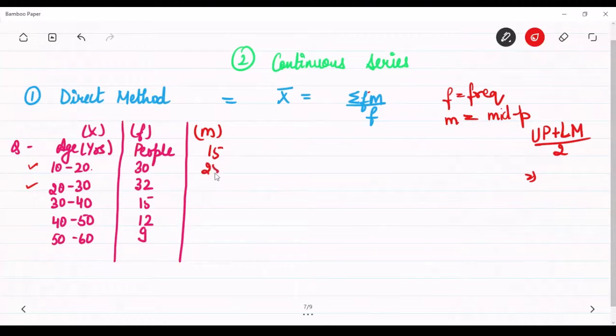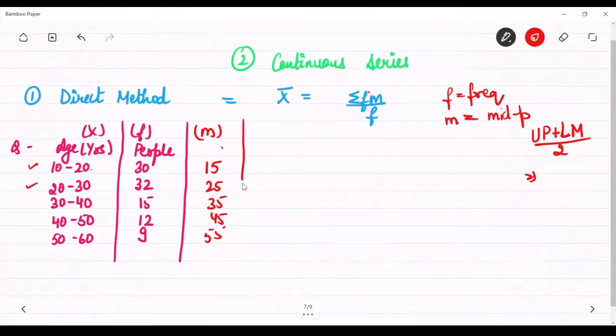Then 25, 35, 45. Okay, wait, I have skipped a row. So it is 15, 25, 35, 45 and the last one is 55.